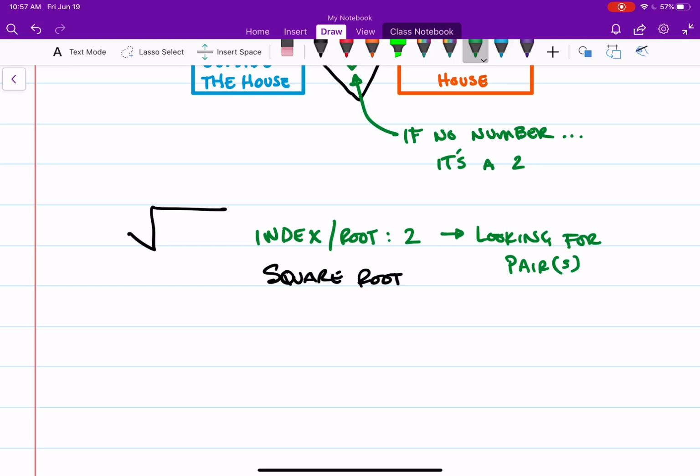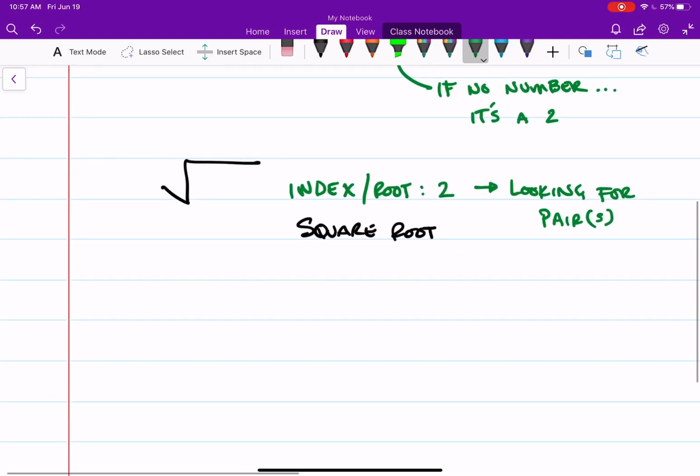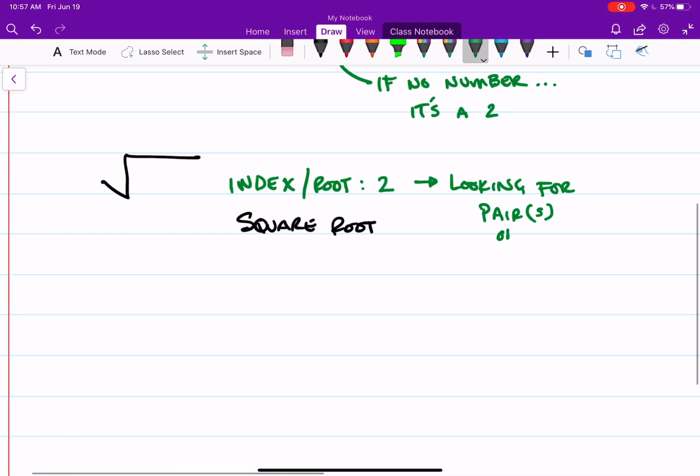They're looking for pairs of numbers or groups of 2. So if in that wedge was a 3, then we're looking for either triplets or groups of 3. The reason why I put that group of 2 in there is because when it gets to 4, I could say quadruplets, and then I don't know what 5 would be. So that's why I have to put down or the groups of 2.